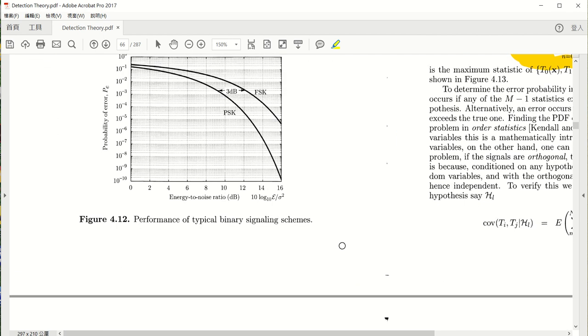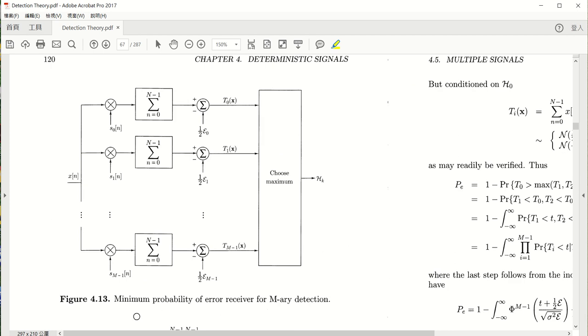So we will have an M-ary detector. When your signal comes in, this is very important because in many cases you're going to encounter such a scenario.